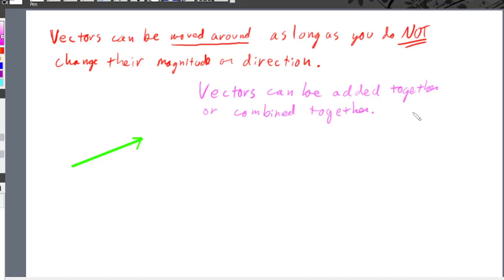And so the question becomes, well, gosh, how do I add two vectors together, or how do I combine them together? Vectors are always combined head to tail.